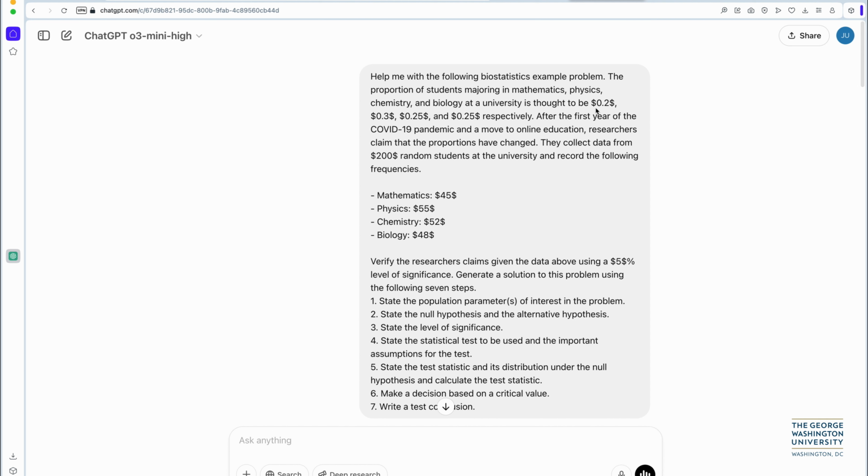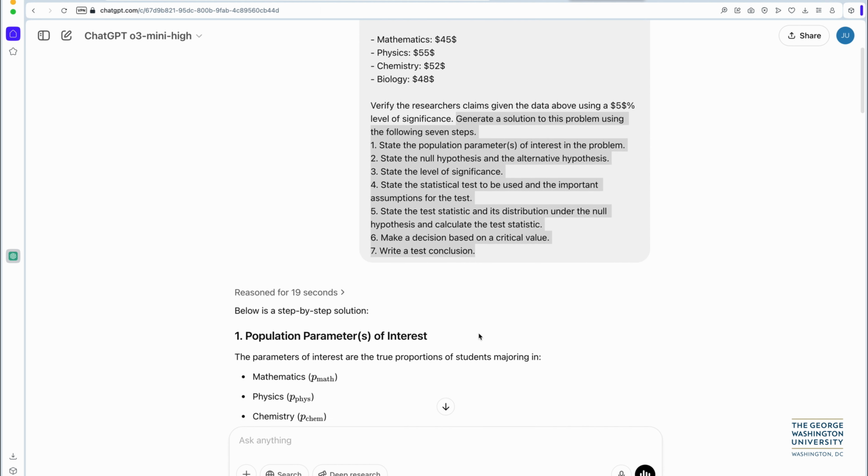If I want to put in an equation, I can, and I will always maintain that the OpenAI models, ChatGPT, are very good at reading this mathematical typesetting, and for me it's much better than some of the other models. I have also added the following: generate a solution to this problem using the following 7 steps, and I outline the 7 steps that we use.